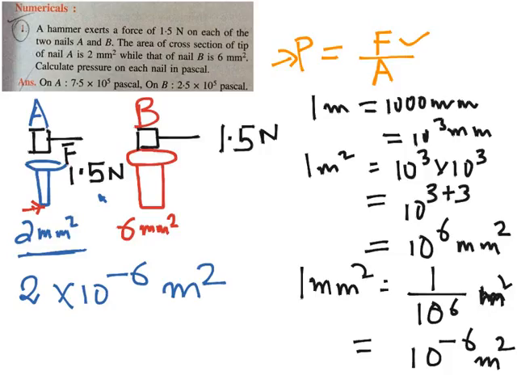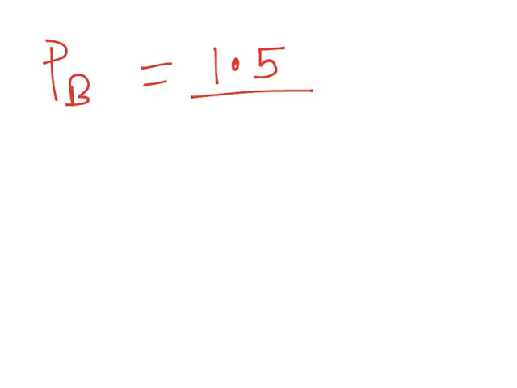What happens to nail B? We have used red color for nail B. So for the pressure in nail B, the things are very much the same. 1.5 divided by, what was the area of nail B? The area of nail B was 6 millimeter square, that is 6 into 10 to the power minus 6 meter square. So now we can do it.